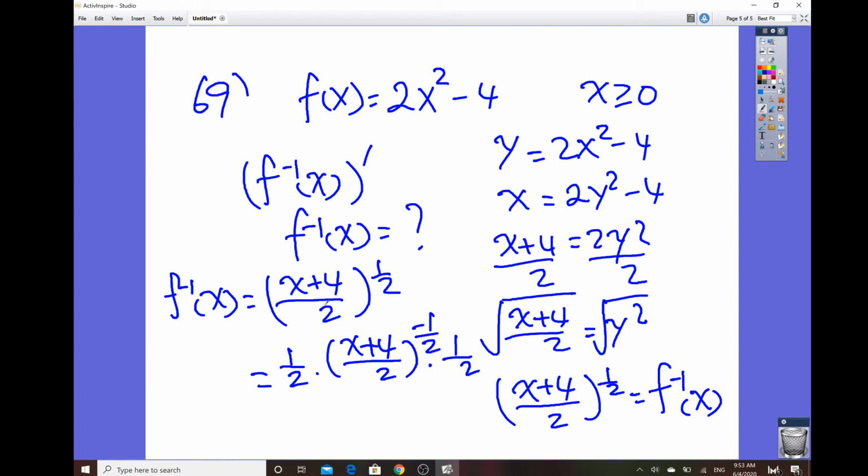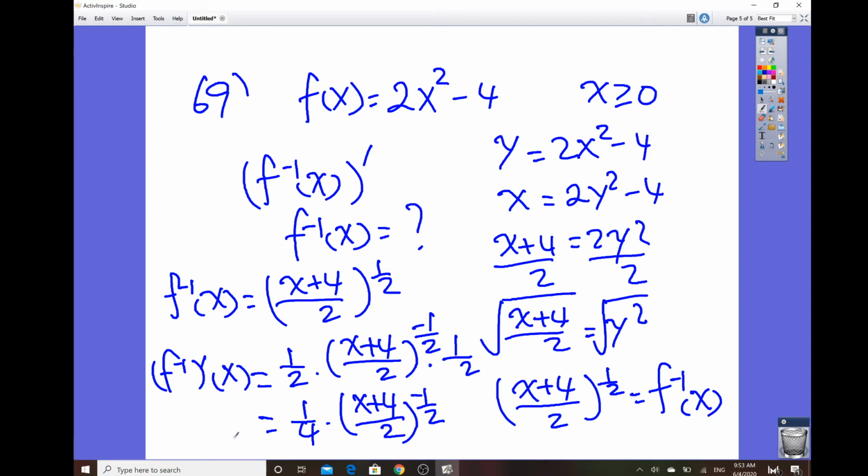So 1/2 times 1/2 gives you 1/4 times the quantity (x plus 4 over 2) to the power of negative 1/2. Okay, so that would be the derivative of the inverse function. The way to express this is inverse prime of x.